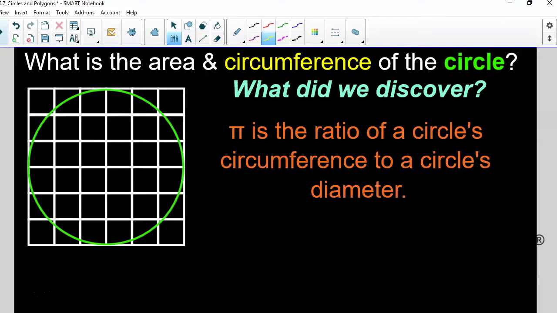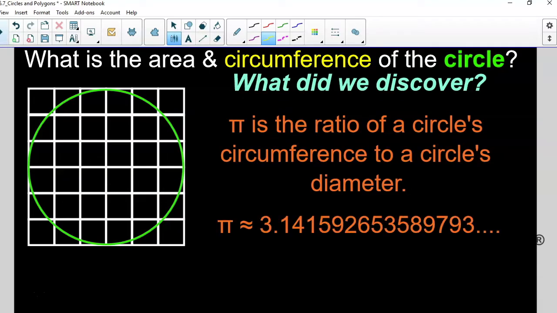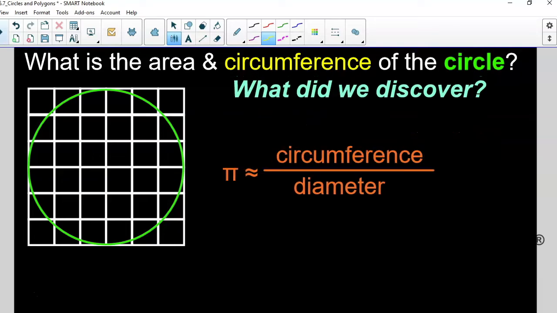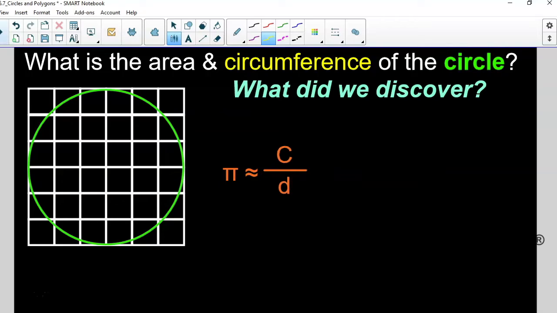Pi is the ratio of a circle's circumference to a circle's diameter. Now, pi is an irrational number, and it goes on and on and on. It does not stop, but we understand it to be simply 3.14. It is the circumference divided by the diameter.